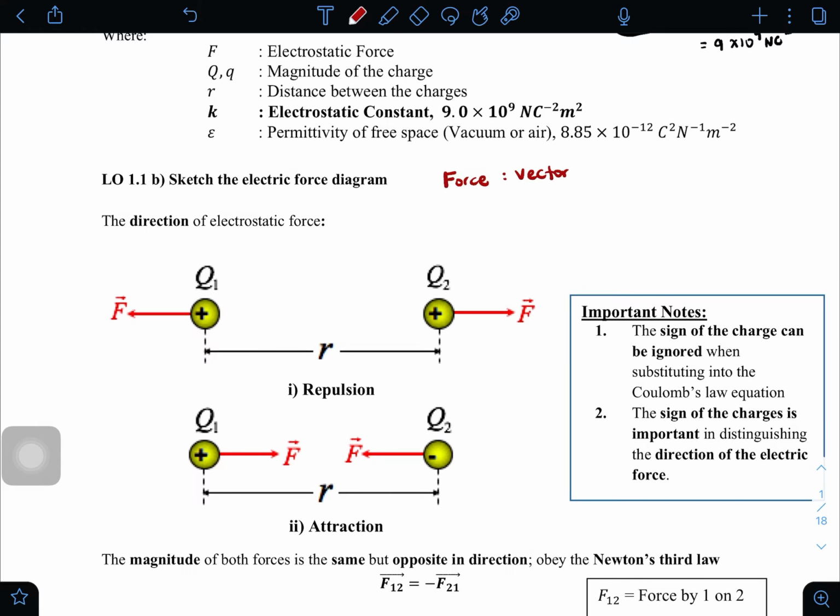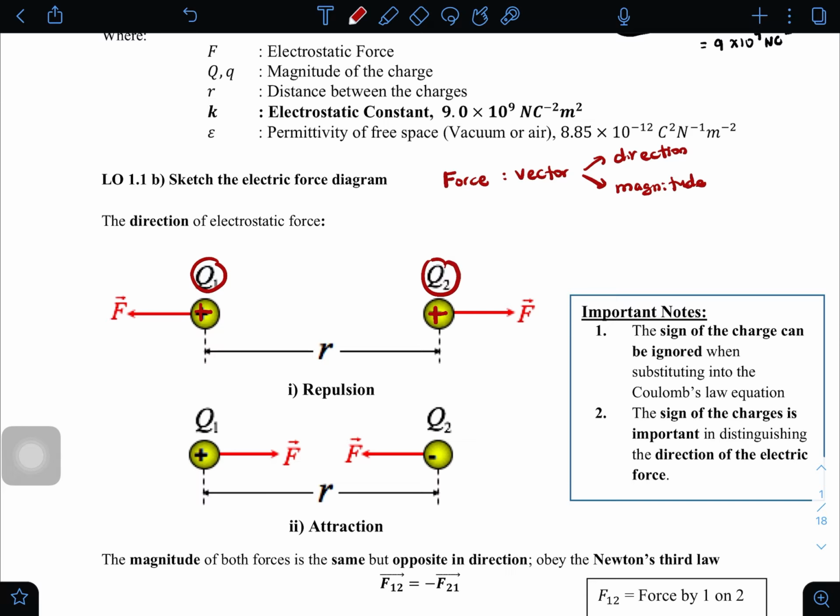If it is a vector, you need to find the direction and the magnitude. So how do we find the direction of the force? We need at least two charges. The first case, we have both positive charges, positive and positive. Q1 is positive, Q2 is positive.